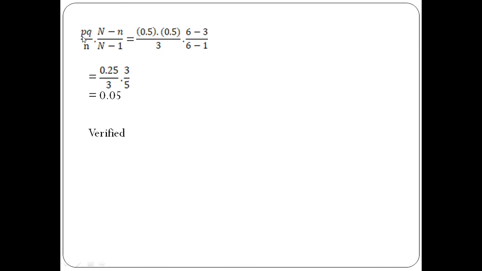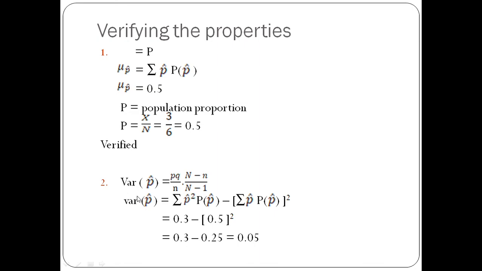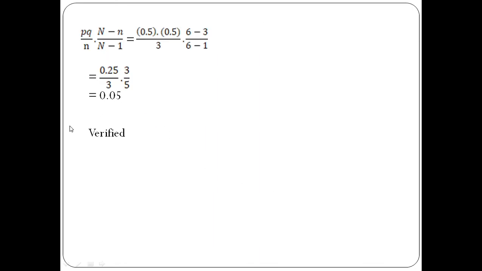So if we subtract 0.5 from 1, we get 0.5 again, divided by 3, and 6 minus 3, where small n is 3 and capital N is 6, and 6 minus 1. When you solve it, you get the final answer, which is equal to the left hand side. So it is proved and verified.